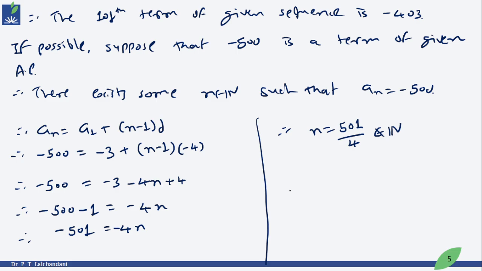But here we are getting n equal to 501 divided by 4, which is not a natural number. That means what we assumed, that minus 500 is a term of the given arithmetic progression, is not true. Therefore our assumption is not true.